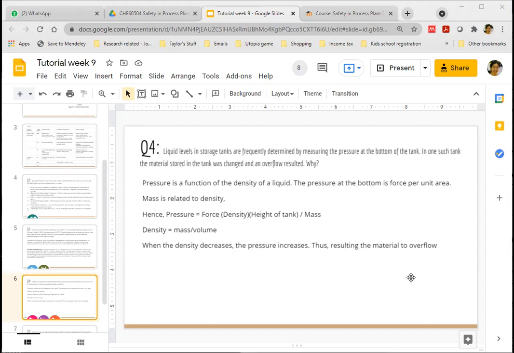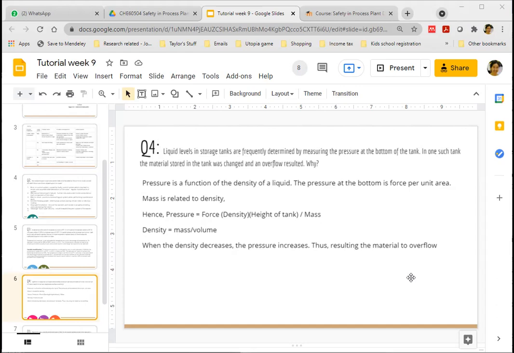For instance, in this case, they changed the material, then the material in the storage tank overflowed. Just because of a simple thing: the material changed, so the density changed. And the height of the liquid is measured by using pressure, the very old way of measuring the liquid level.